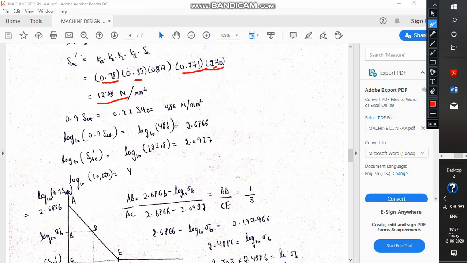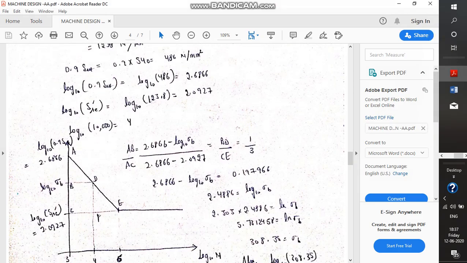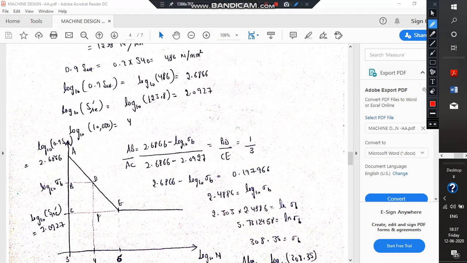But for the purpose of drawing this diagram, what we require is 0.9 SUT, which is the value of the point A. It is a log diagram actually.